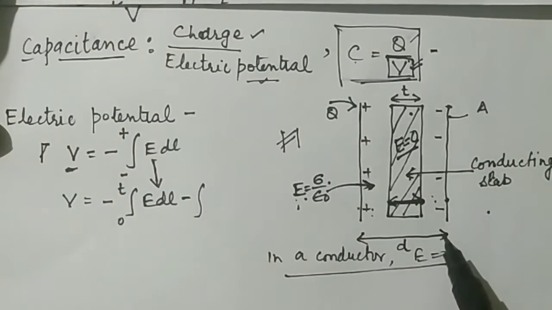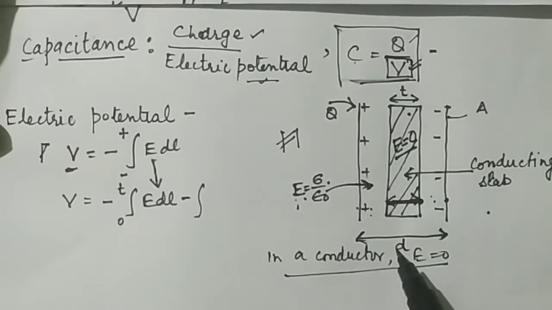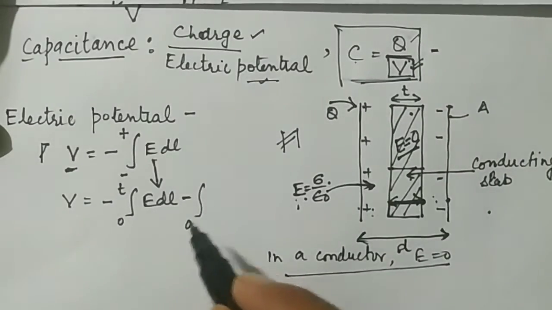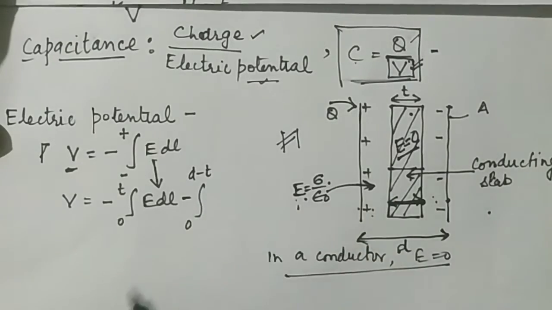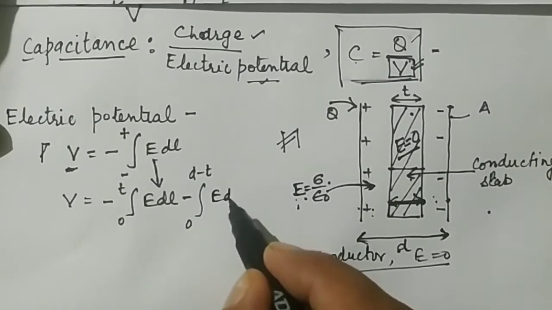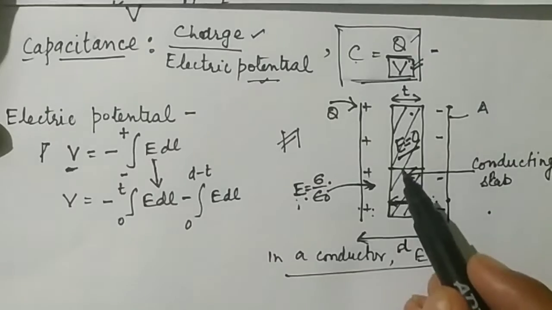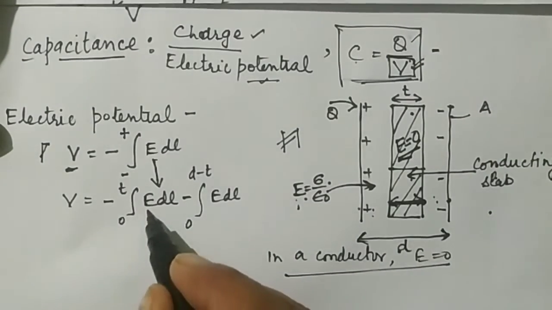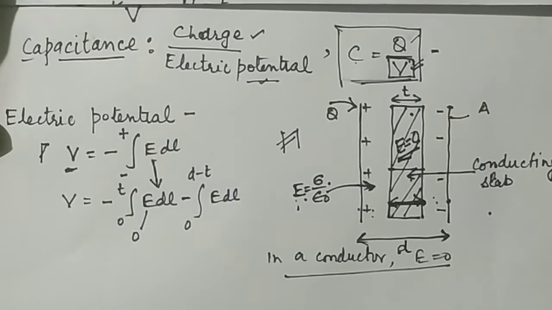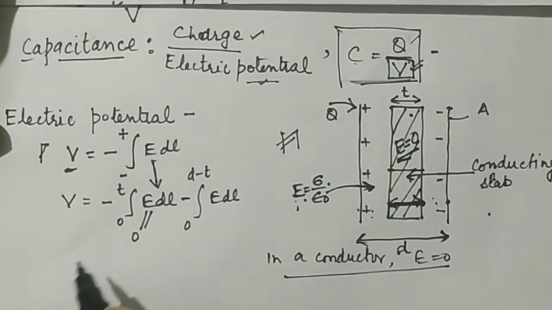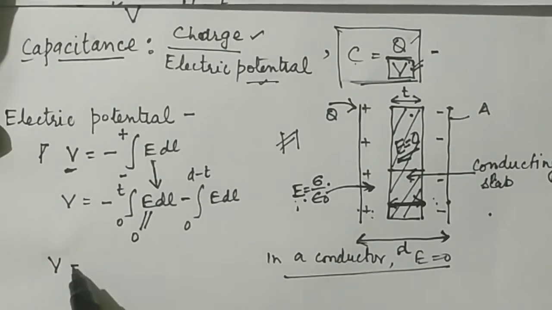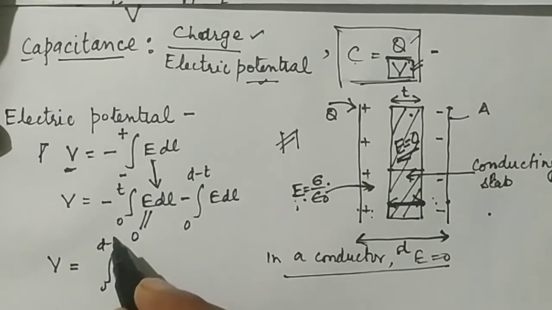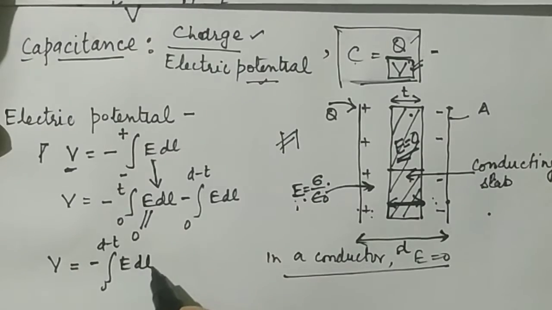The total separation of the plates is d and we exclude the slab, so it becomes d minus t, of E dl. The electric field inside the conducting slab is 0, so this term is 0. So what is left is the electric potential, the integral from 0 to d minus t of E dl.